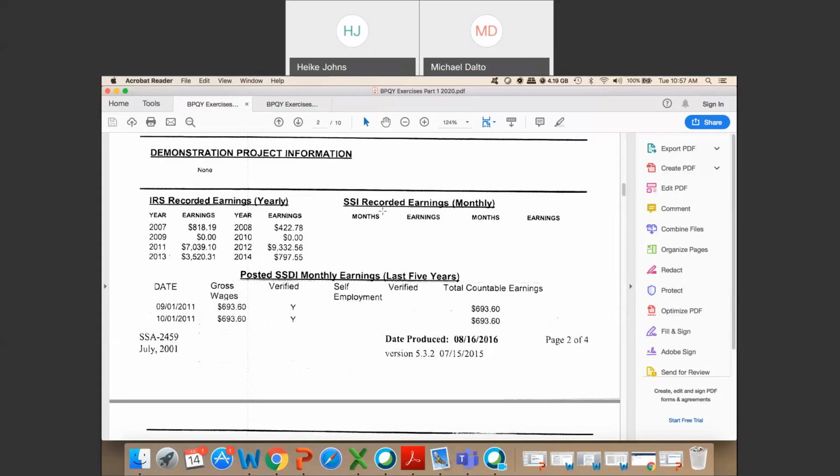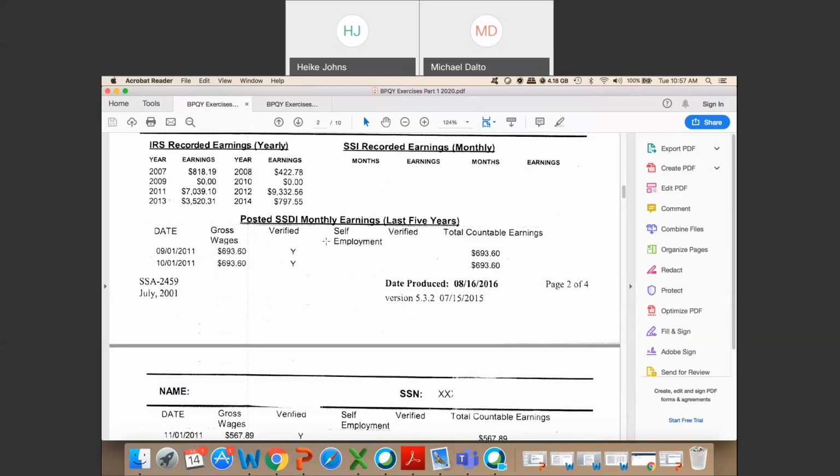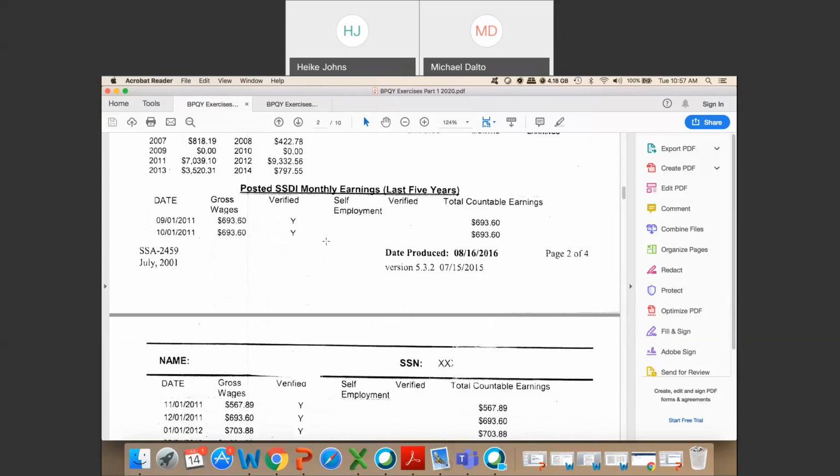Next is SSI recorded earnings monthly. We have no data in this section for this person, most likely because they didn't report any earnings or they didn't receive any earnings when they did get SSI before it was terminated. And finally, we've got posted SSDI monthly earnings.